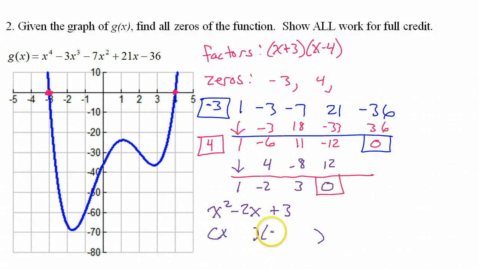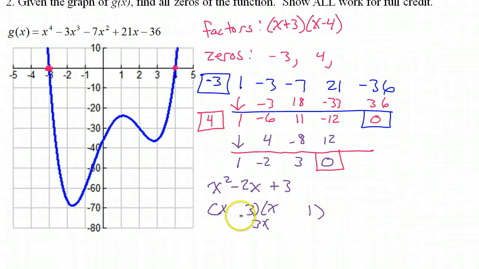So I've got x and x. I've got 3 and 1. And it looks good at first, right? Because I'm thinking inner 3x, outer 1x. The middle has to be negative 2. And I'm thinking I could get negative 2 if I go negative 3x and positive 1.